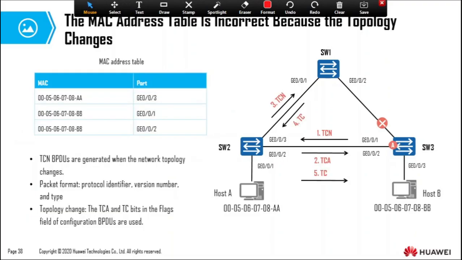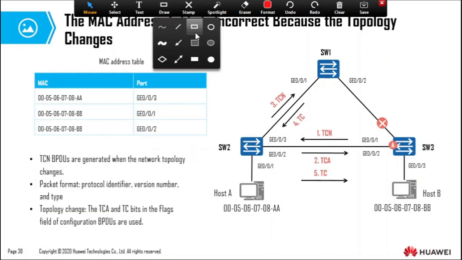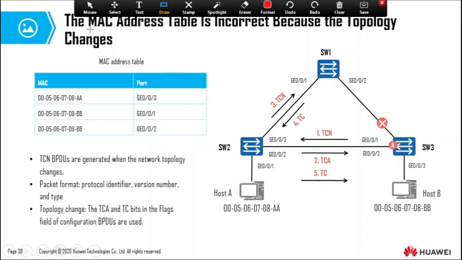Okay. So the solution to this incorrect MAC address entry is to use what we call the topology change BPDUs. The topology change BPDU will be sent immediately a topology change is detected on the network.